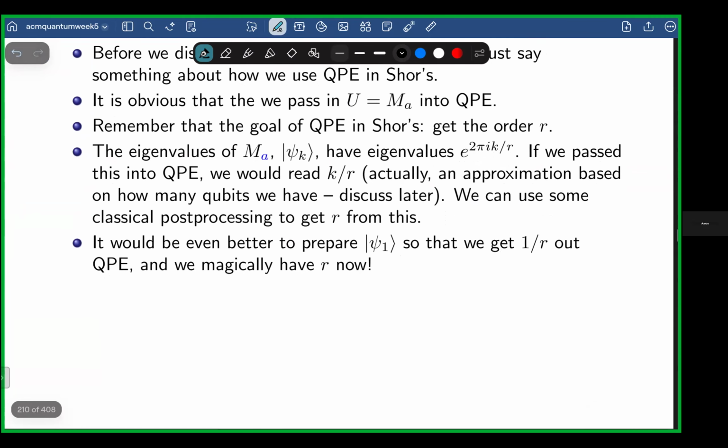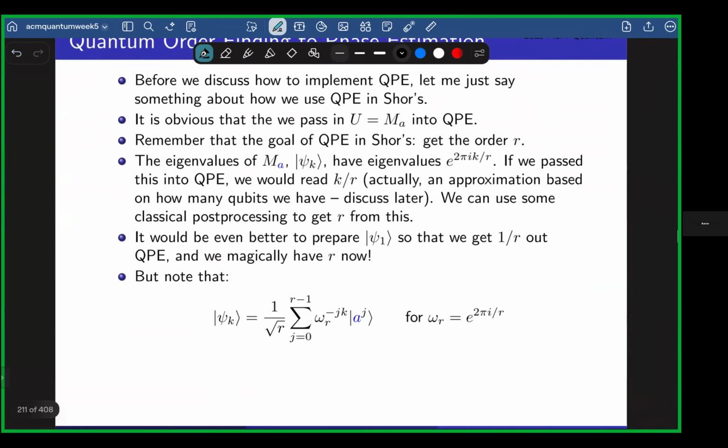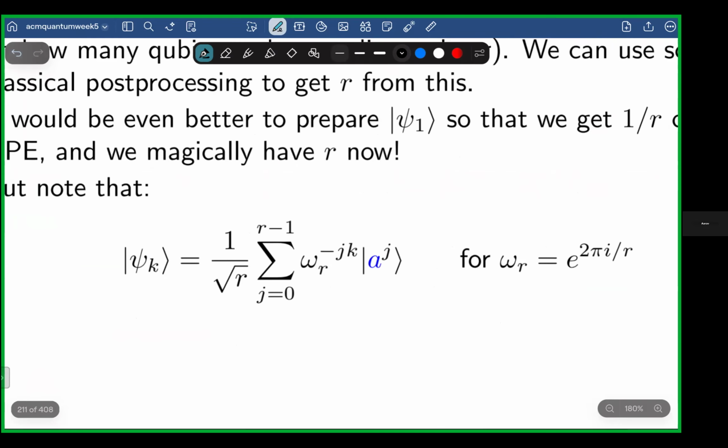In the ideal case, if we had psi 1, then k over r would just be 1 over r, and it's really easy to get r from that. You just reciprocate that value and you get r. So you might ask, why don't we just use psi 1 then? Let's show why. The definition of our eigenvectors looks like this.